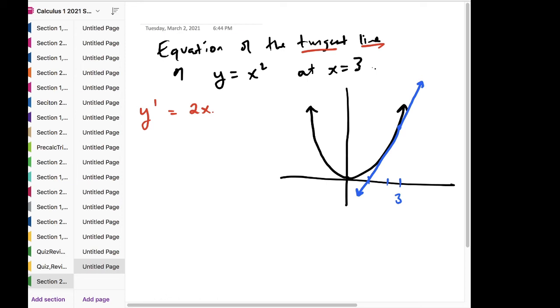Okay, so now how can I use the derivative? Why do we find the derivative? How can I use the derivative to find some information about the line? Is 2x my slope? Well, what does that mean? Slope is a number, and this is 2x.